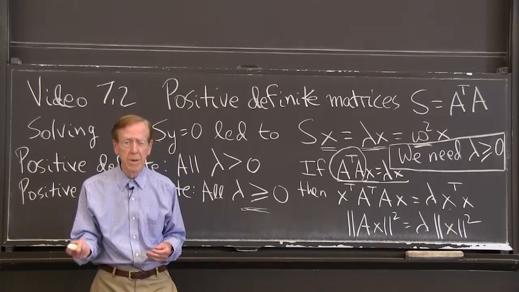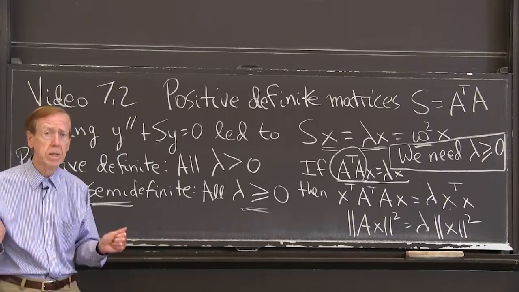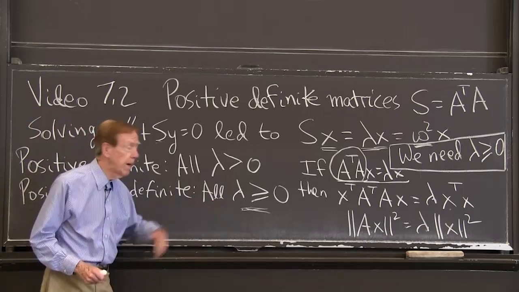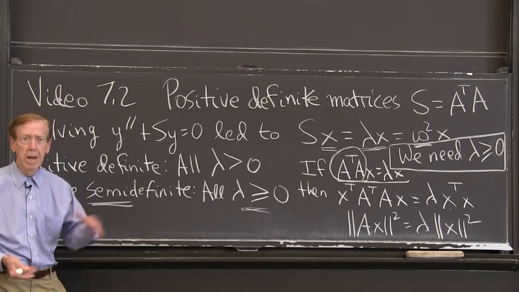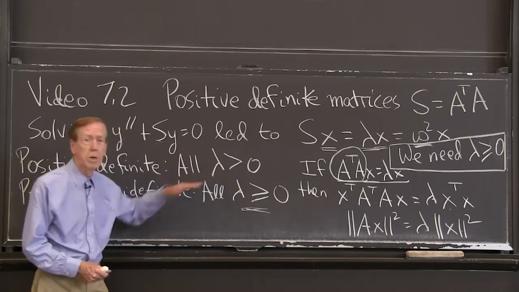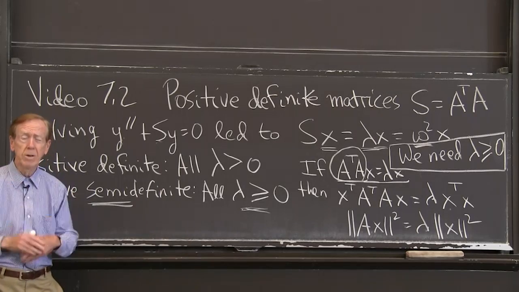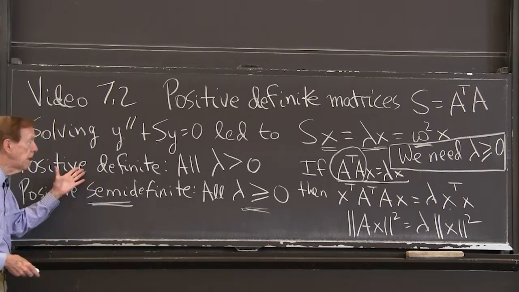All its eigenvalues would be 0. Would it be positive semi-definite? Yes, all its eigenvalues would actually be 0. Of course, that's not a case that we're really thinking about. More often, we're in this good case where all the eigenvalues are above 0. Okay, so that's the meaning.